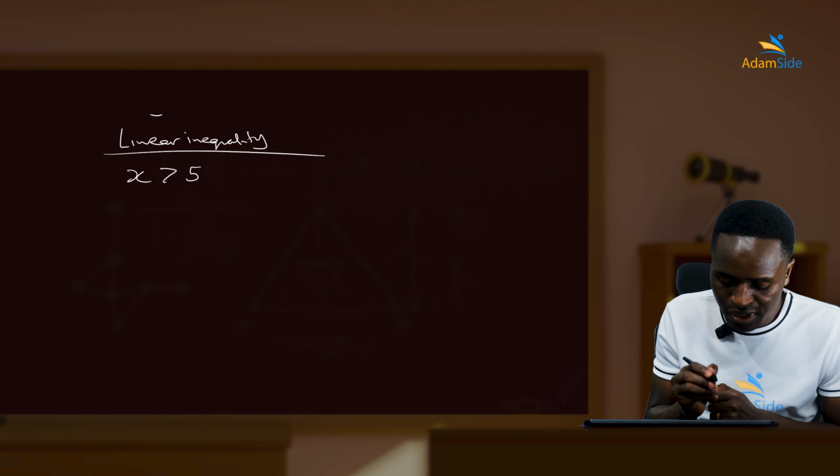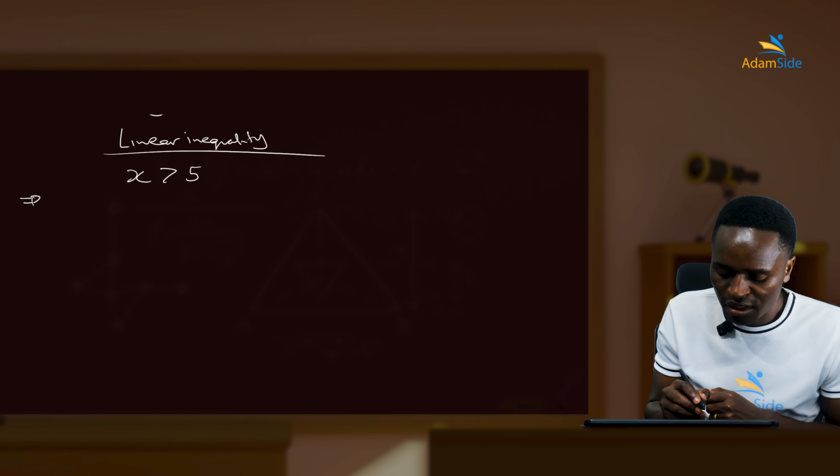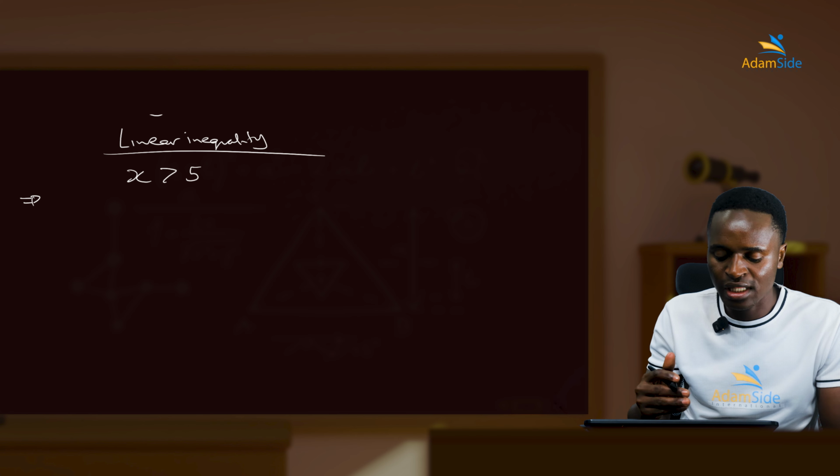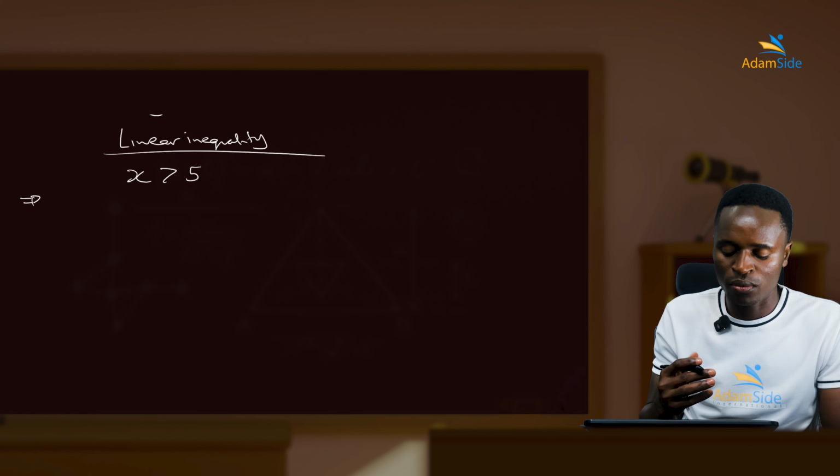Mostly it's tested like this: if x is greater than 5, what are we supposed to know?